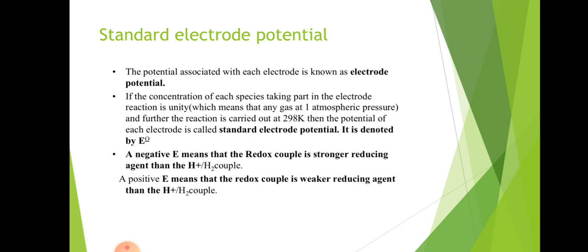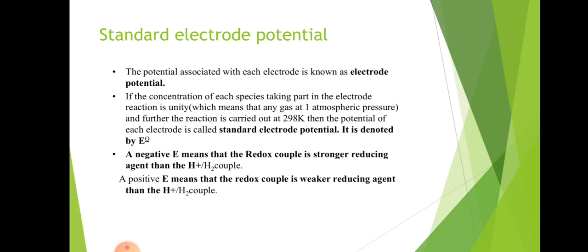Now, for example, some oxidized forms and reduced forms and their standard electrode potentials. F2 plus 2 electrons gives F minus, with a standard electrode potential of 2.87 volt.